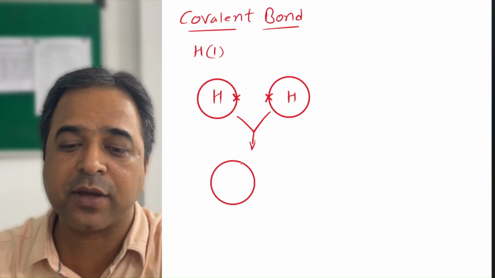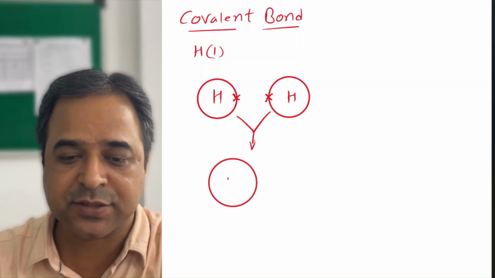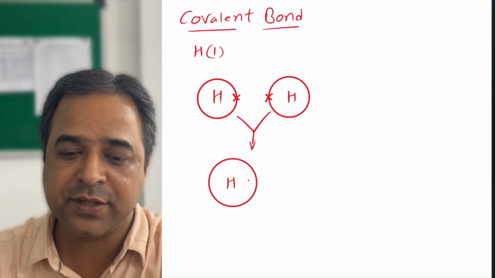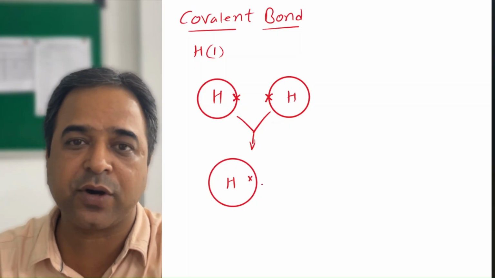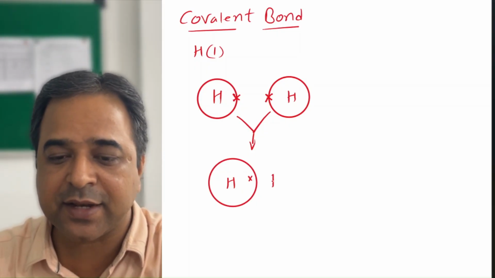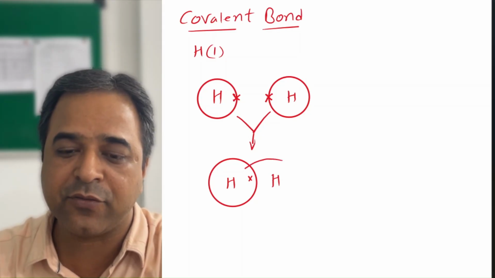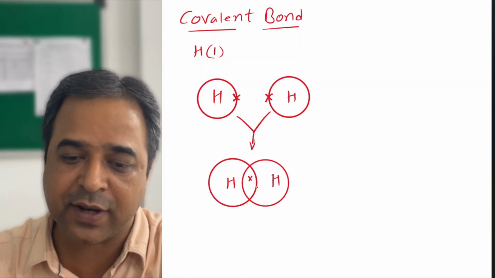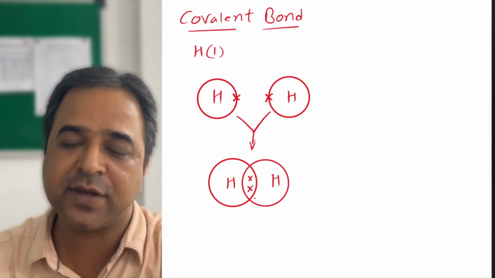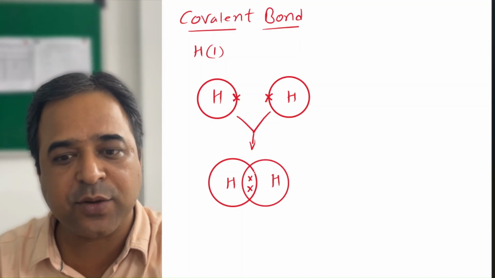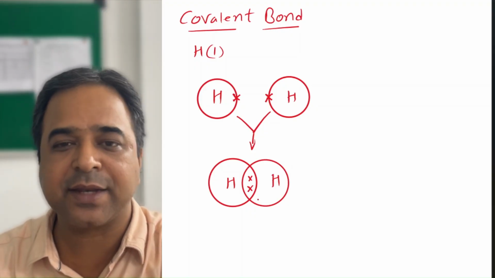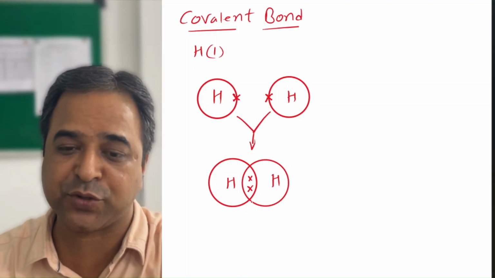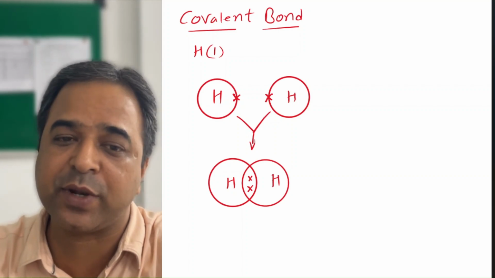So if they both come together, they can form this kind of diatomic molecular structure. This is one hydrogen with its one electron. In the same way, another hydrogen may come with its one electron and complete its duplet condition. Here you can see both these atoms are sharing their electrons and satisfying the duplet condition.